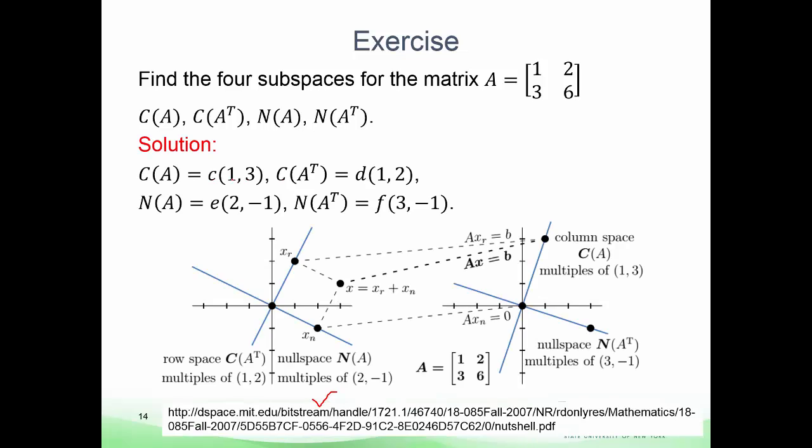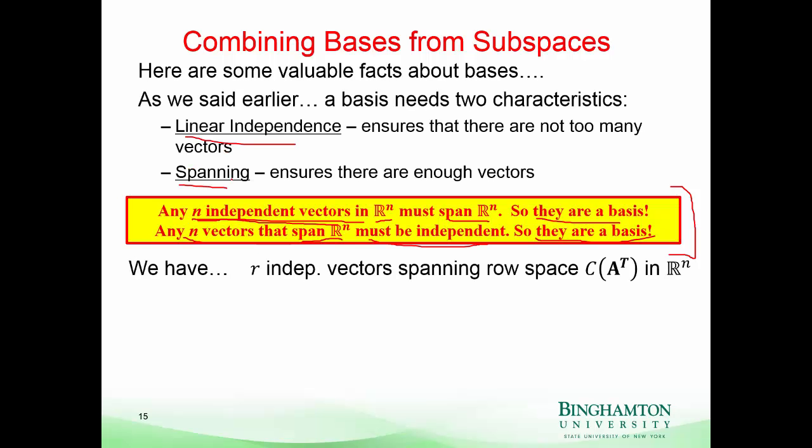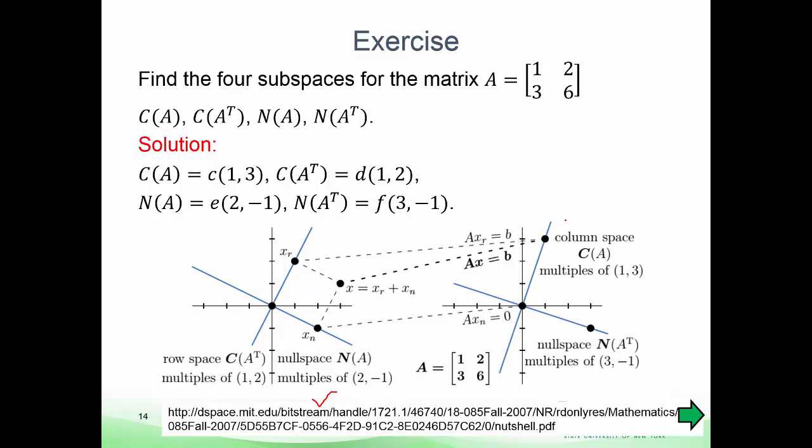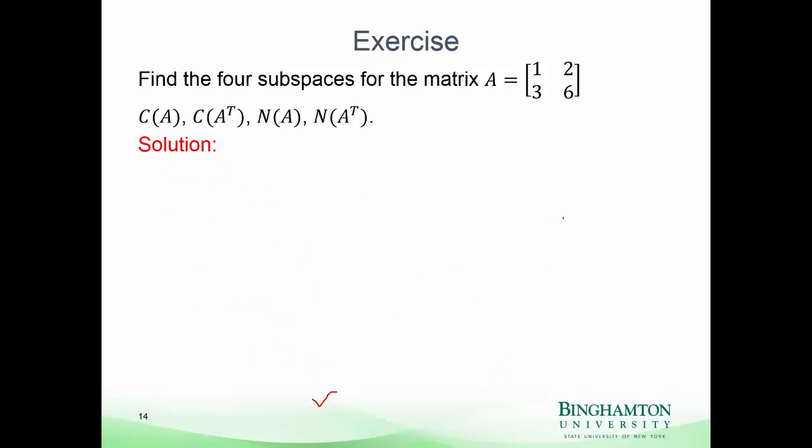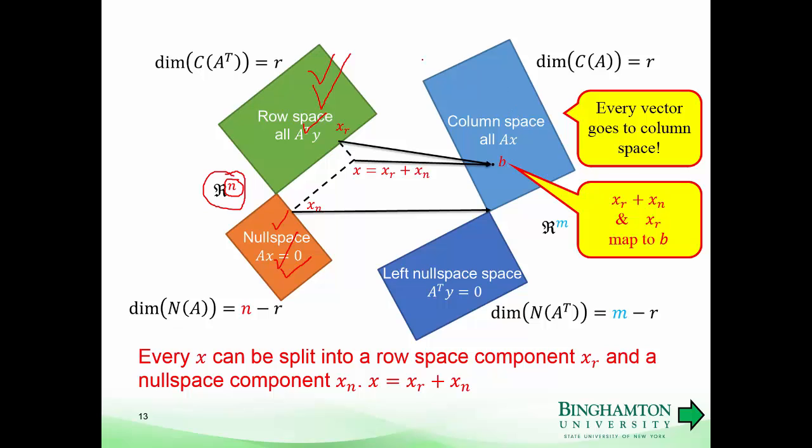This rule says any n independent vectors in Rn must span and must be a basis. Well, I've got n. Are they linearly independent from each other? Well, the ones in here are linearly independent from themselves. The ones down here are linearly independent. What about the whole group, all n of them? Yes, they are, because remember, these are orthogonal subspaces.